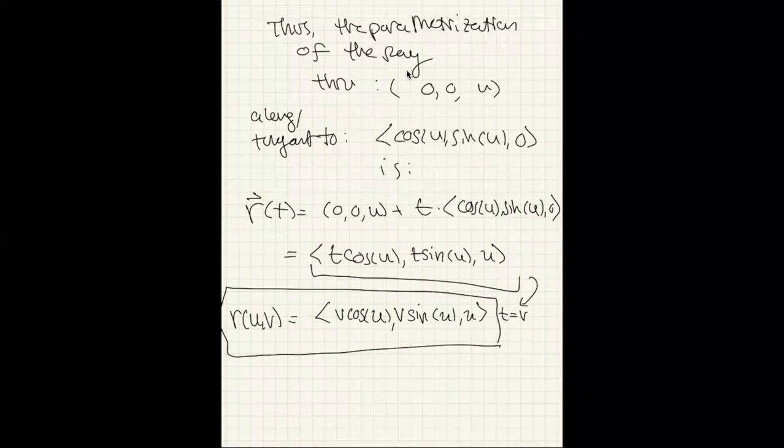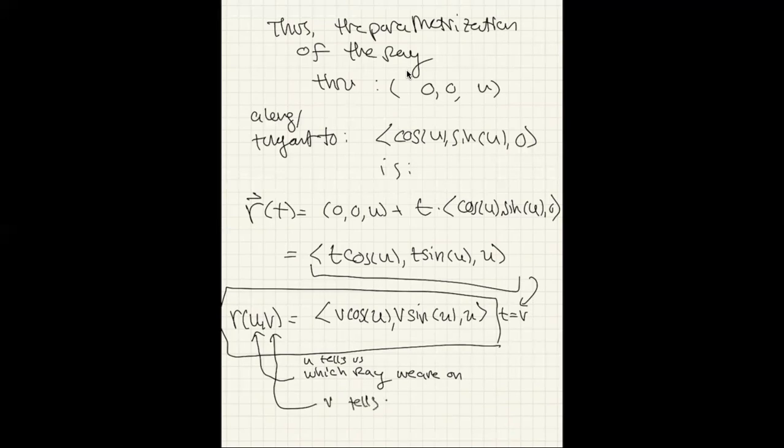And I can really geometrically tell you what the u and the v are telling me. U tells us which ray we are on. And v is telling us how far along the ray we are.